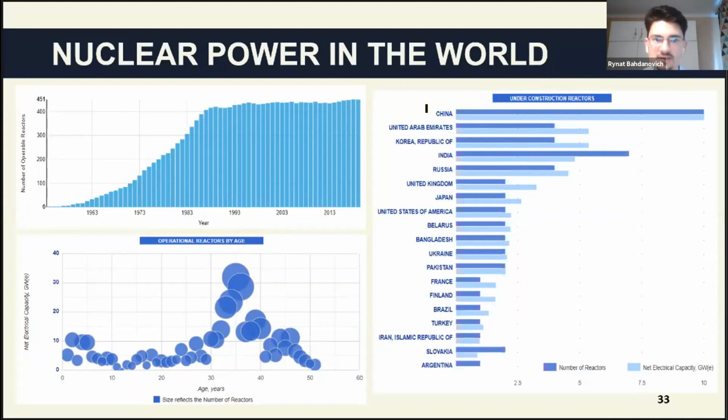You can see that China is building around 10 reactors, and also United Arab Emirates, Korea, India, Russia, United Kingdom. Some of these countries are newcomers, like United Arab Emirates, Belarus, Turkey. Some are not.